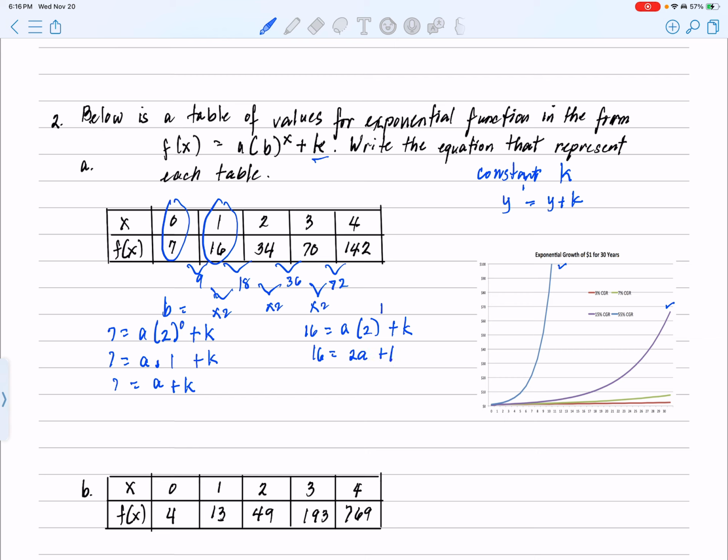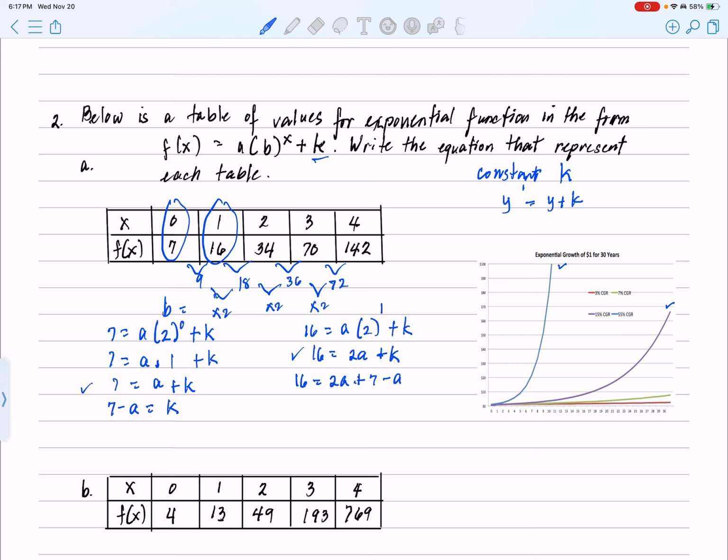Now we have two equations with a and k. Let's simplify the first one to get the k value. We transpose, that would be 7 minus a equals k. Then substitute it into this equation: 16 equals 2a plus 7 minus a, substituting the value of k.